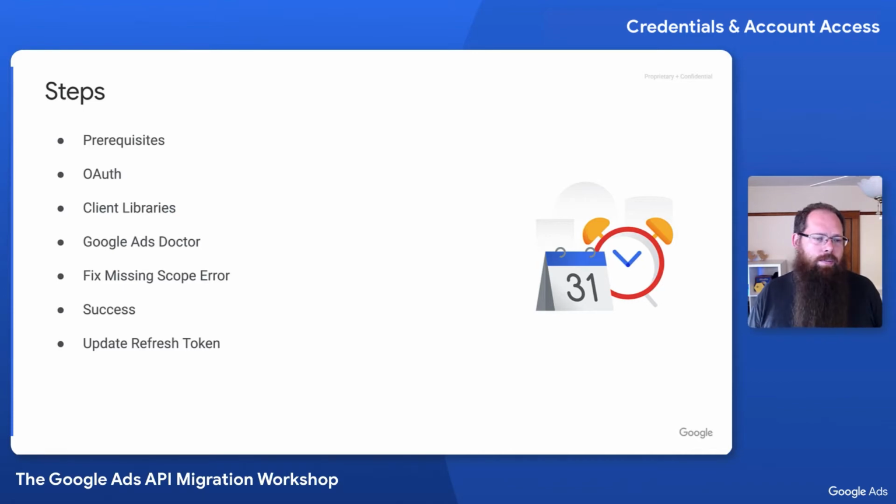We will also talk about the Google Ads Doctor, which is a tool we provide to help you debug configuration and authentication issues, and will also help you resolve those quickly. We'll then see a couple of example issues that people run into a lot of times when they're interacting with OAuth before we see a successful request at the end.